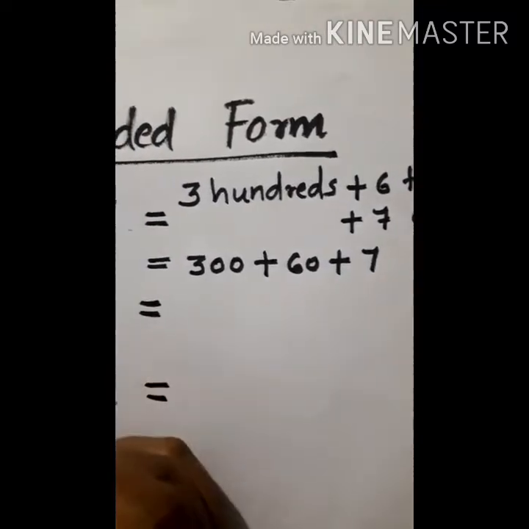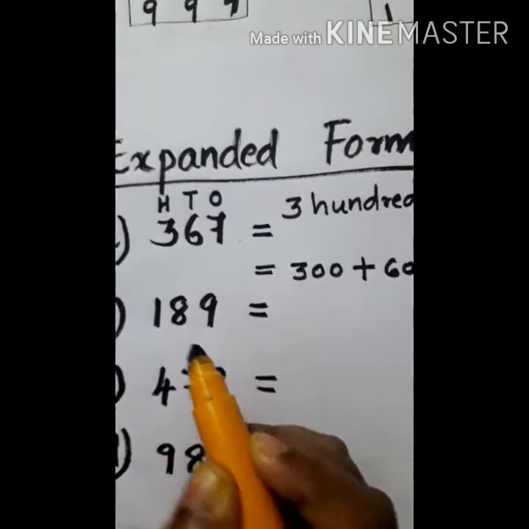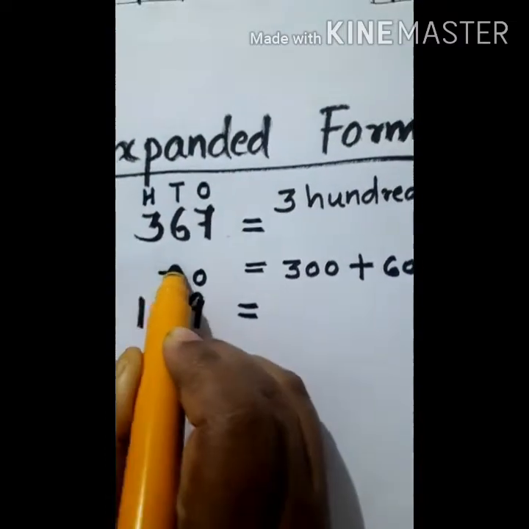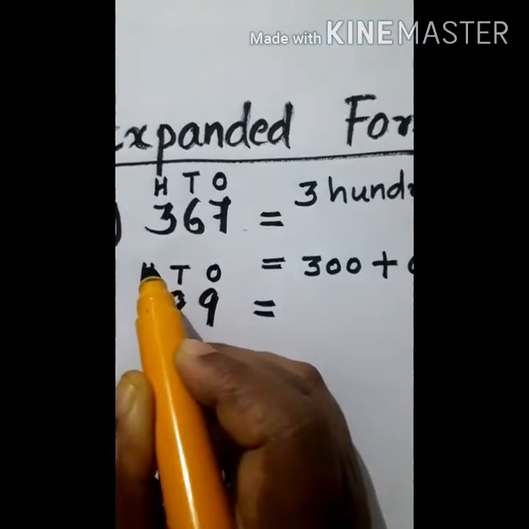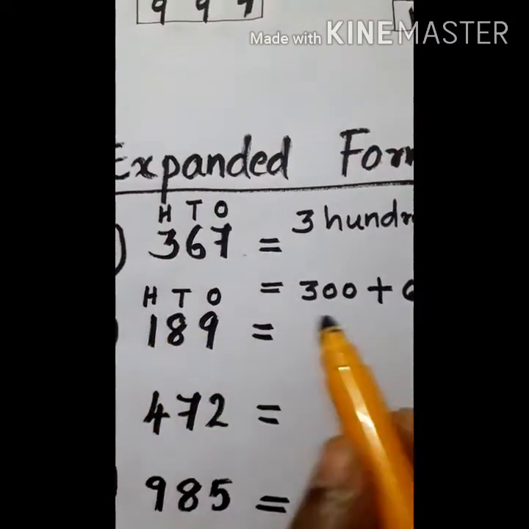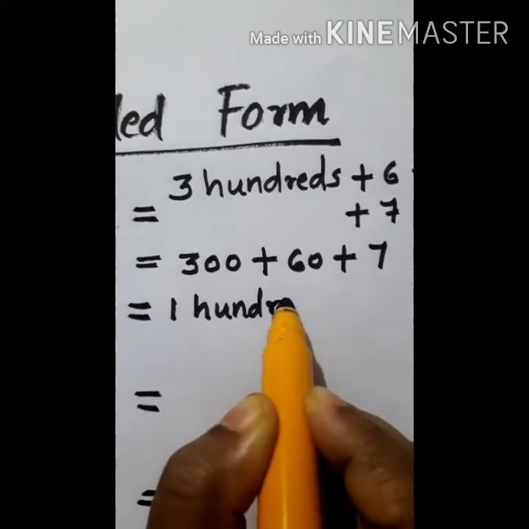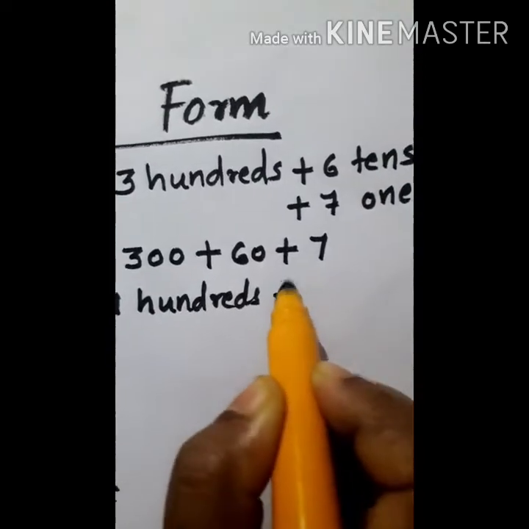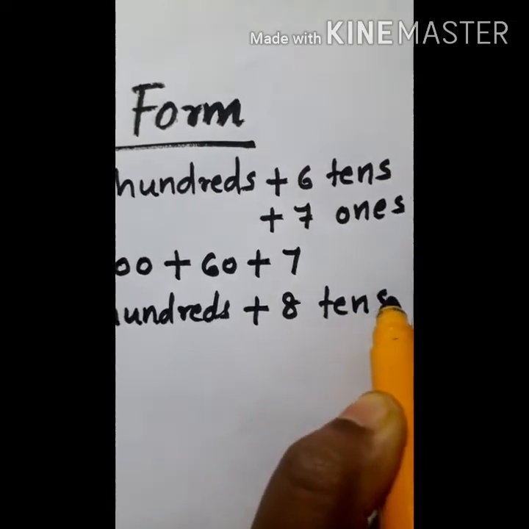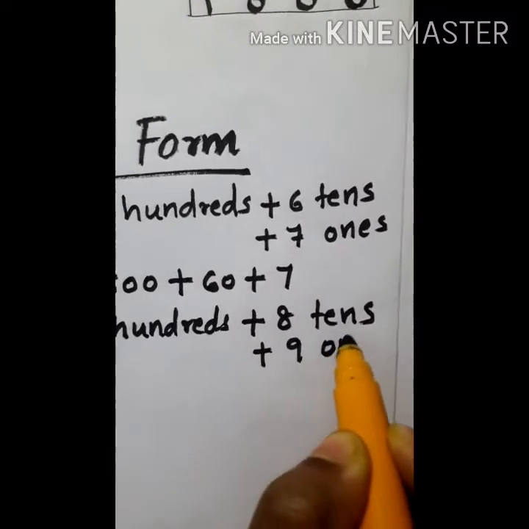Okay, next one. 189. First we will write according to their place values: ones, tens, hundreds. So in hundreds place, what is the number? 1 hundred plus 8 tens plus 9 ones.